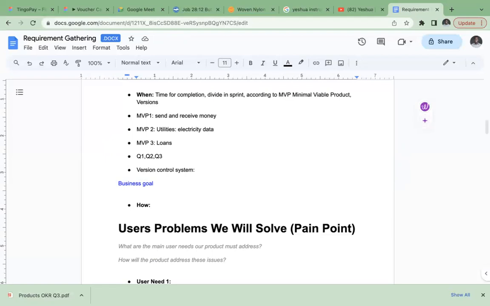Only what you have in your requirement is to send and receive money. You have MVP 2, MVP 3, but nothing is there yet. You want to test, you want to gather data from your send and receive money and know how your users behave before you know the next to put up.